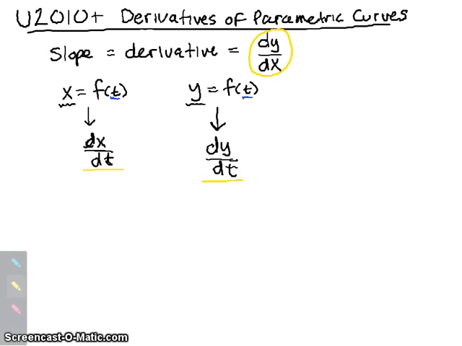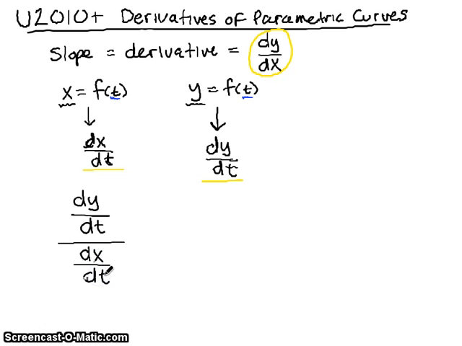So in order to get where we want to go, we're going to say dy dt, the derivative of the y part of our parametric curve, divided by dx dt, the x part of our parametric curve.